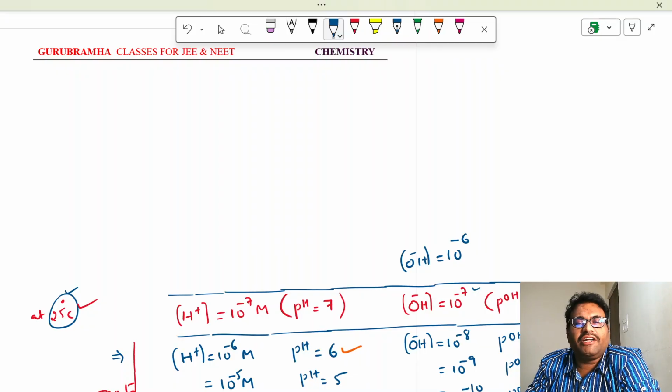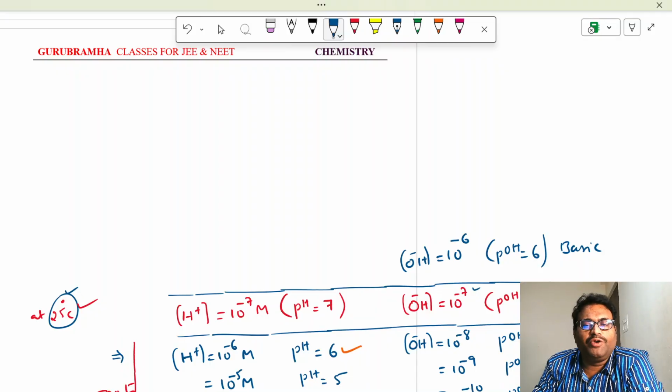Now it is greater, 10 power minus 6, so it is not neutral. So now I can write pOH is equal to 6. So what is the solution? Basic.